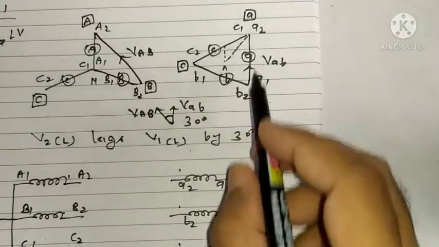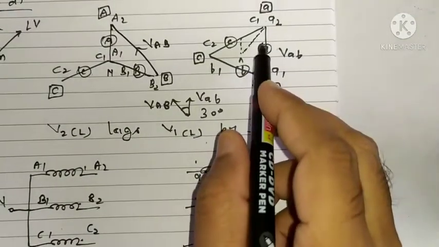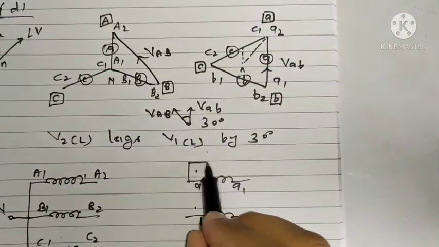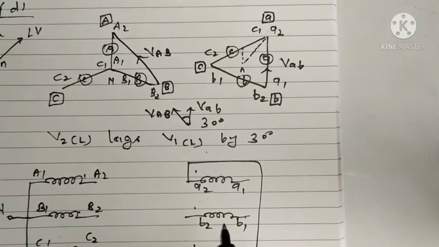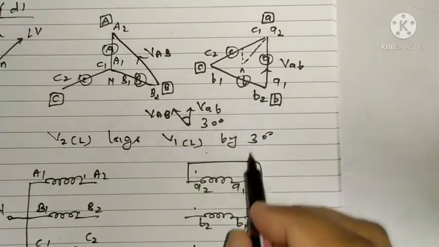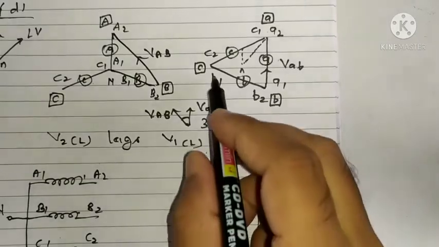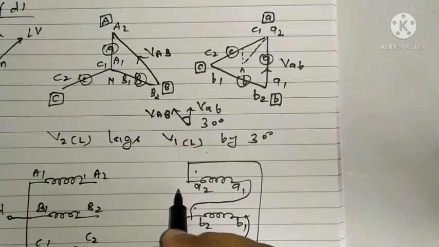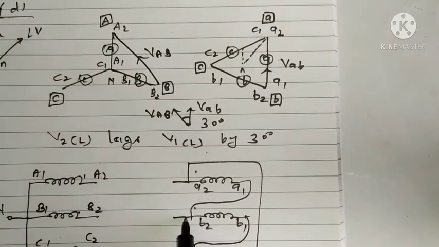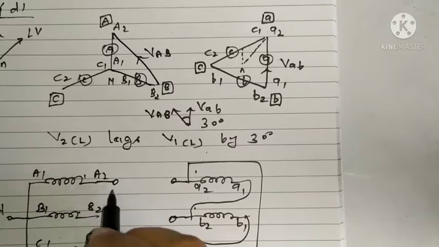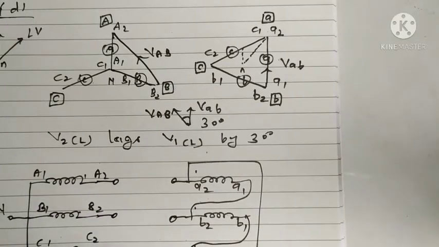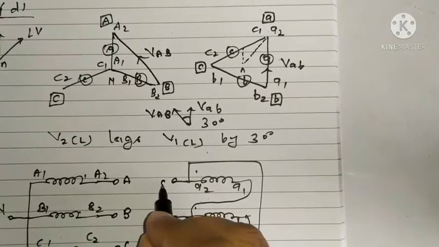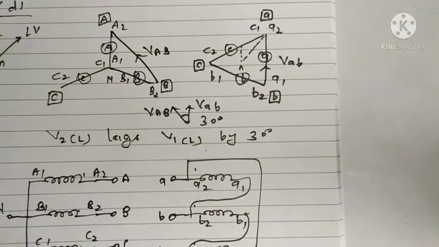And here A2 is connected to C1. A1 is connected to B2 and B1 is connected to C2. And these will be available as terminals like this. So these are the terminals A, B, C, A, B, C, right?